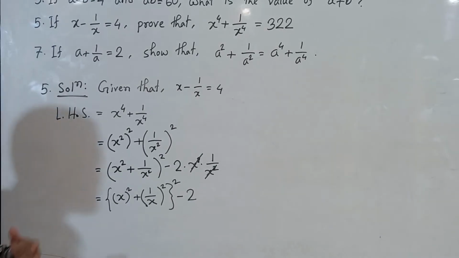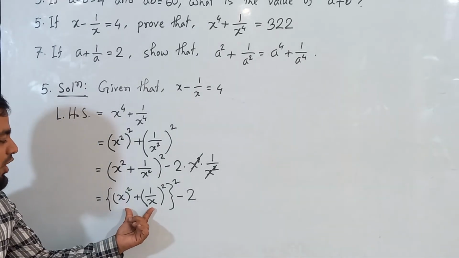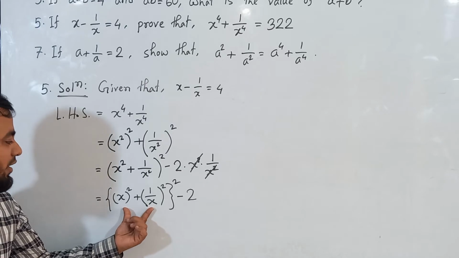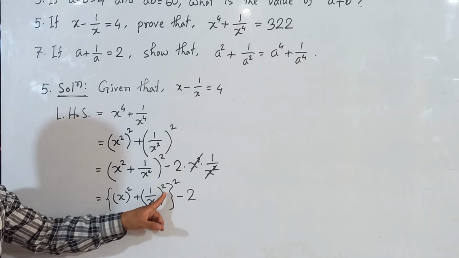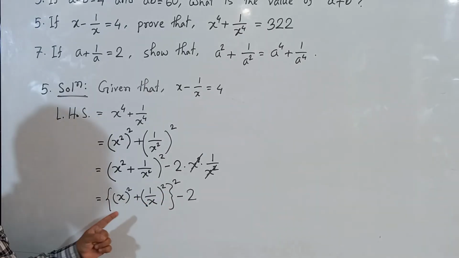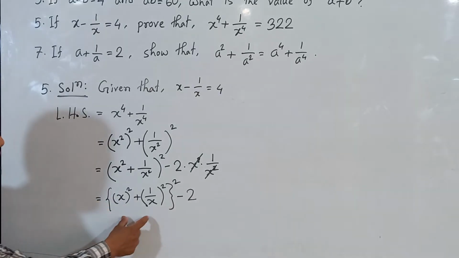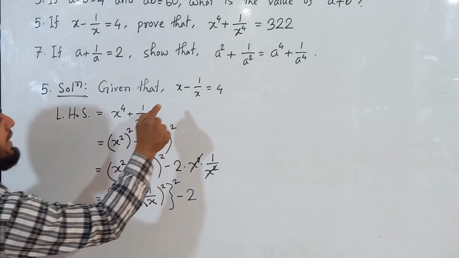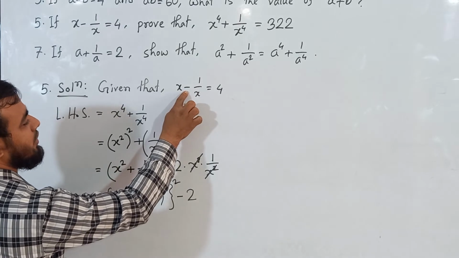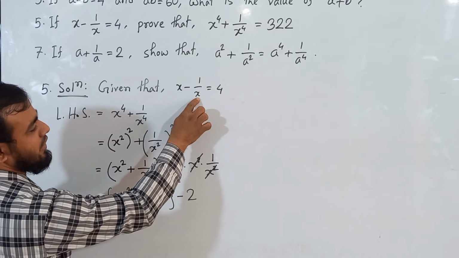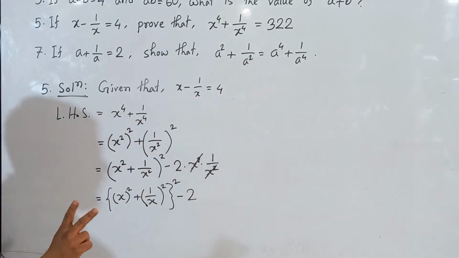Dear students, which formula or corollary do we need now for a square plus b square? We can apply corollary 1, corollary 2 or corollary 3. We will apply corollary 2 here because the given value is negative. A minus b's value is given. That is why we will use the corollary number 2.